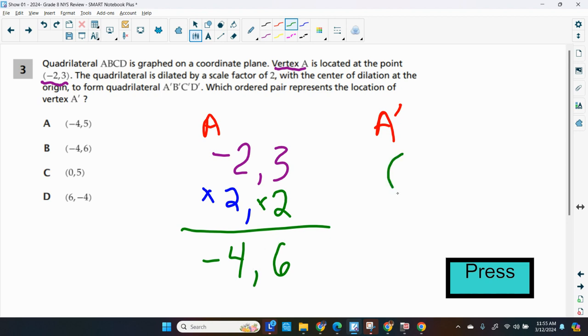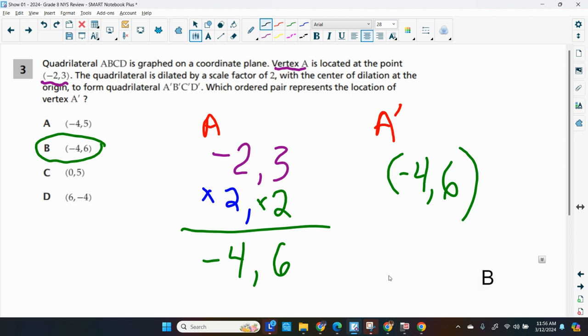So that means our new vertex A prime is going to be (-4, 6), which is choice B. So let's press this. Yes, choice B.